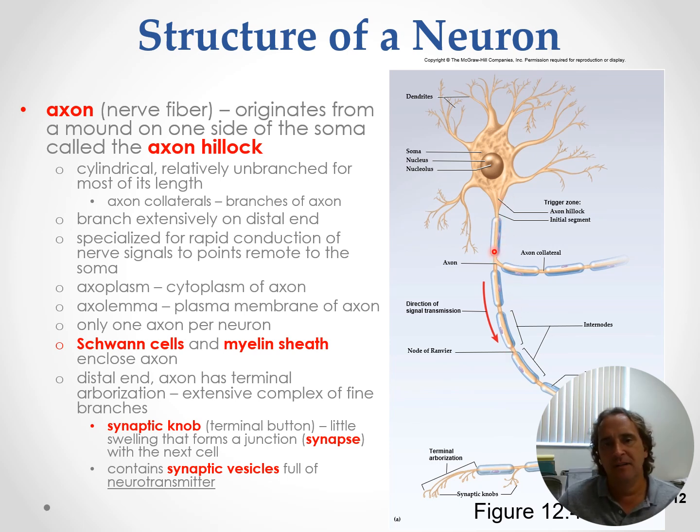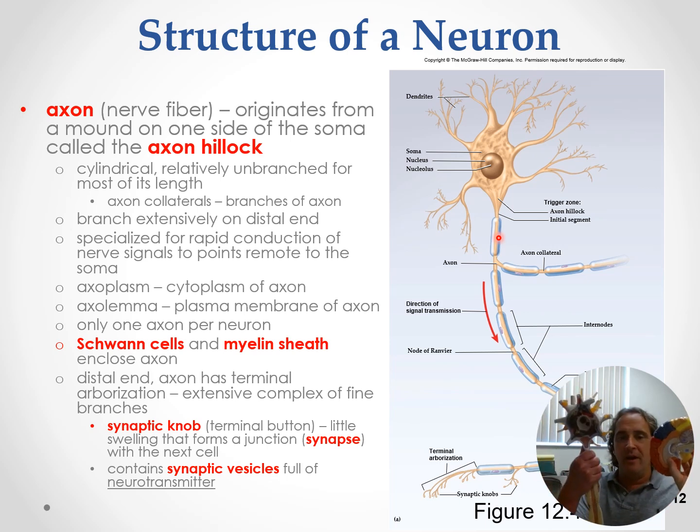Myelin is made by Schwann cells in the peripheral nervous system. If you remember, the central nervous system has cells called oligodendrocytes. Think about how many neurons are in this little structure compared to how far apart they are here.